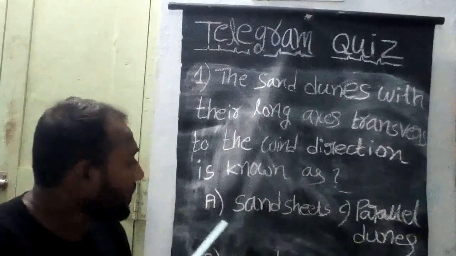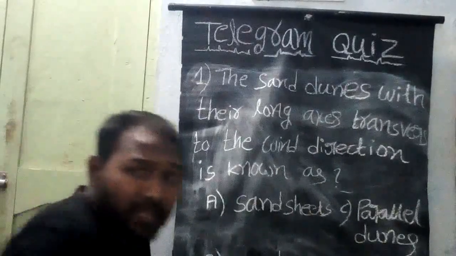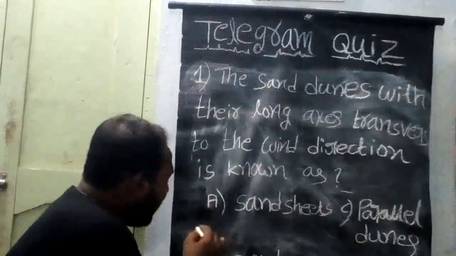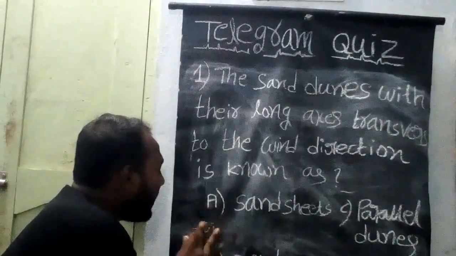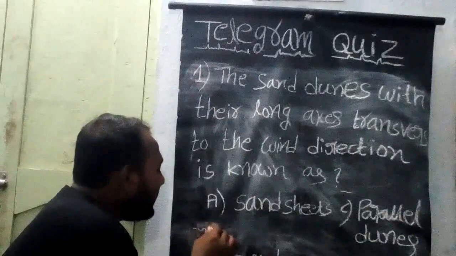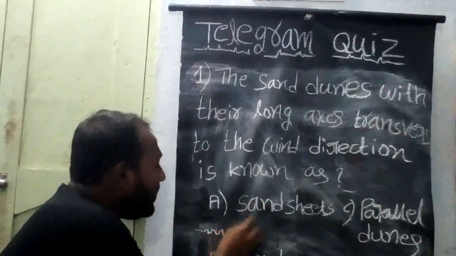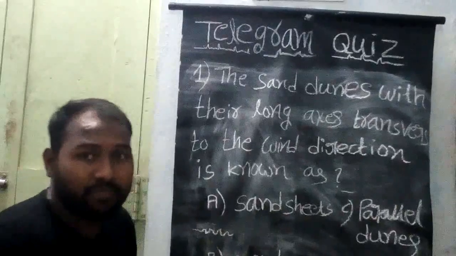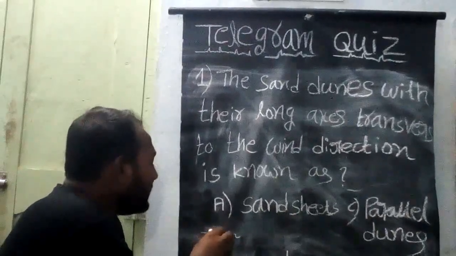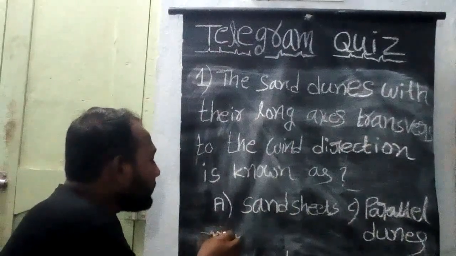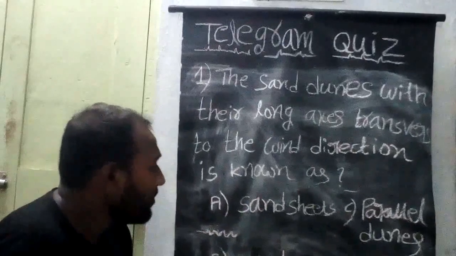Option A, sand sheets. What are sand sheets? Sand sheets are flat and gently undulating plots of sand surface.